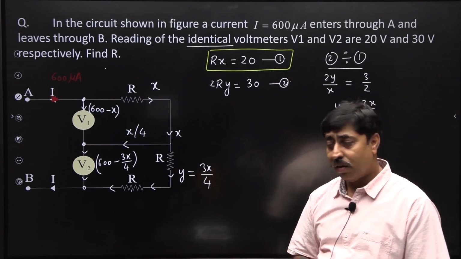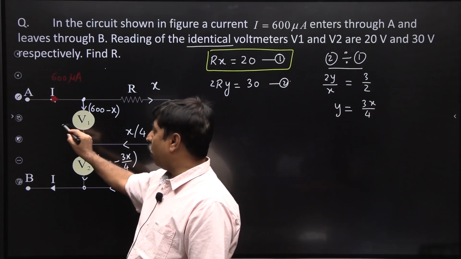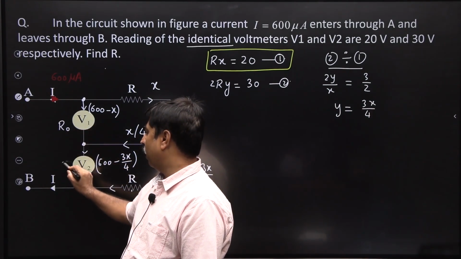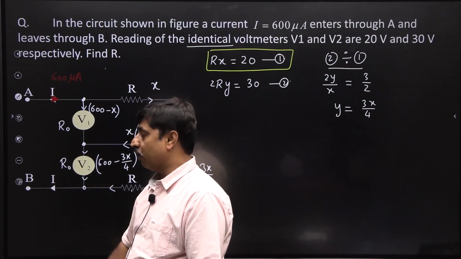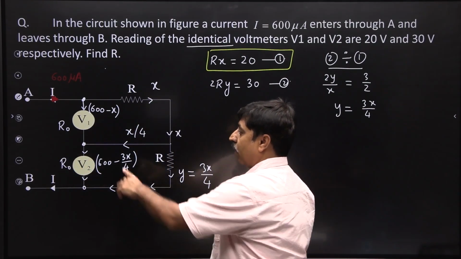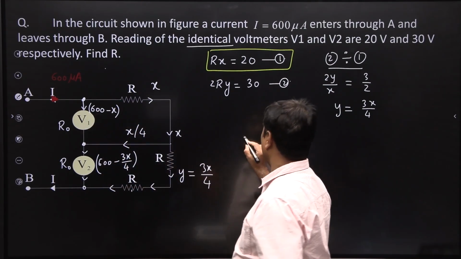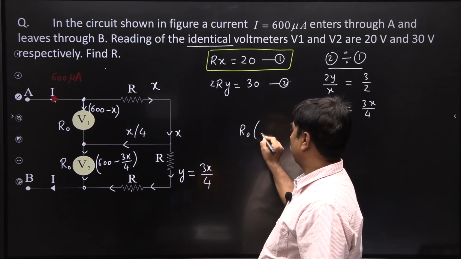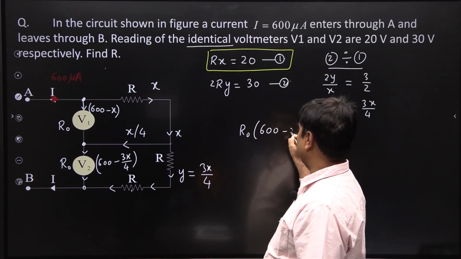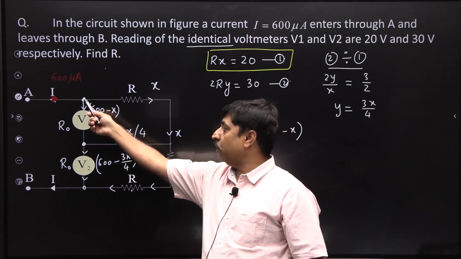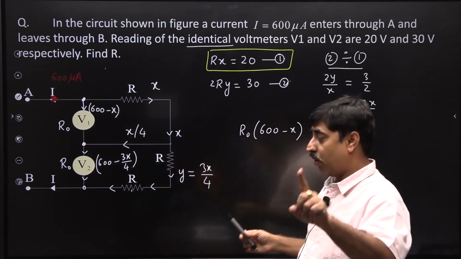Why not use it? If R naught is the resistance of this voltmeter, R naught is the resistance of this voltmeter. So, R naught into this current, R naught into 600 minus X, R naught into this current is nothing but 20 volt.